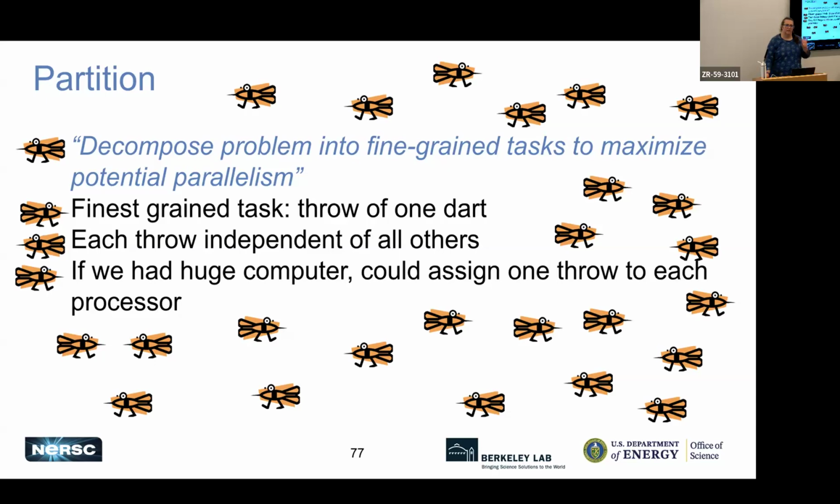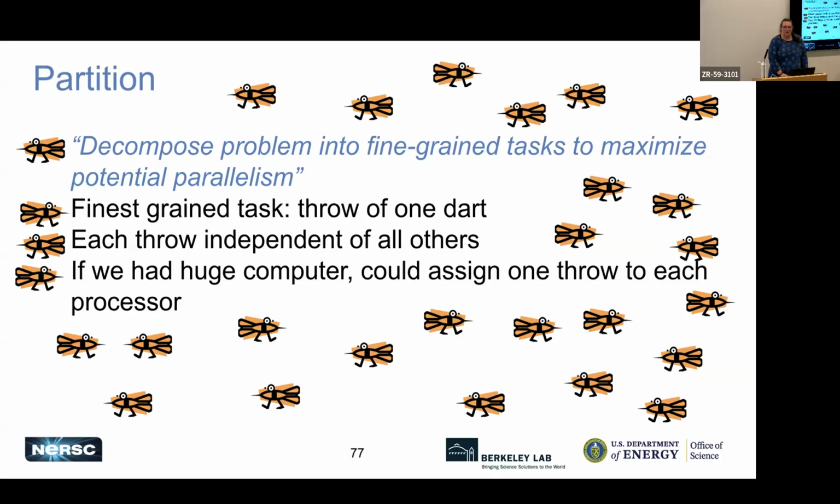If we had a huge supercomputer, we could assign one throw to each process. We could have 1,000,000 processes. Unfortunately, I forgot to reserve a machine that big for us today, but I'm just kidding. We could do that in theory, okay?